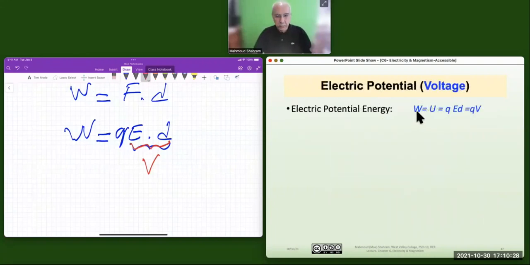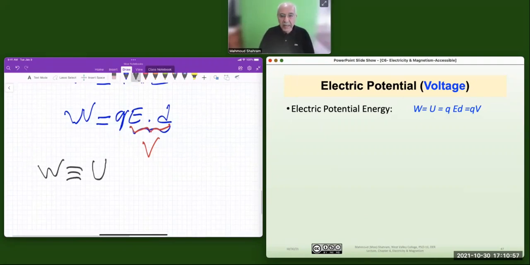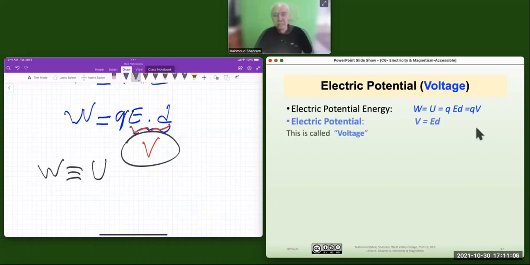Work was electric potential energy, and that was equal to Q times E times D, which I showed you here, and that is defined as Q times V, where V is electric potential. So there are two different things. You have electric potential energy, which we show with U, which is equivalent to work, and then you have electric potential, which is the voltage. We show that with V, okay? So that is a definition of voltage, or another name for it is electrical potential.